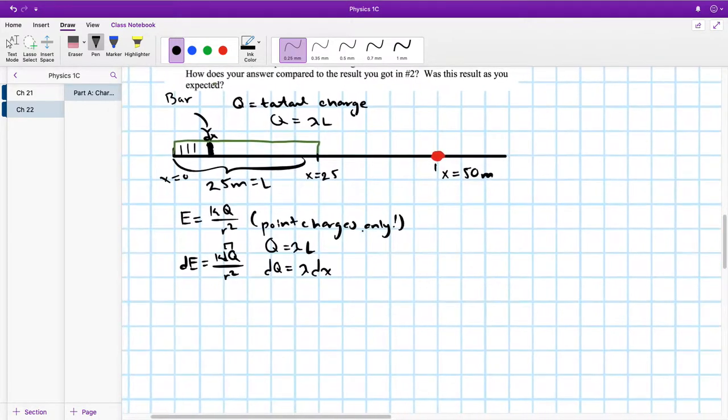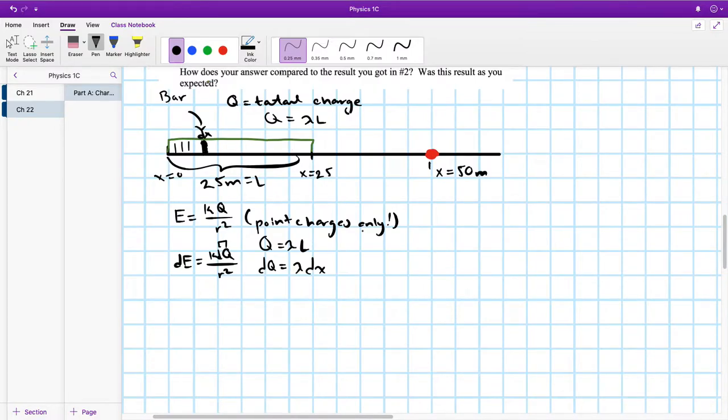Pretty simple. And now R is the distance between your test point and your field point if you're using this equation. But in this case, R is going to be the distance between this point and our field point here, and this will be R. So we can say that in this direction, from the origin to our dx is called x.